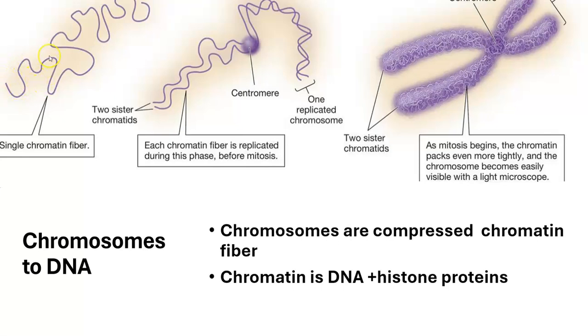Over on the left at the top, it's showing a single chromatin fiber. This is basically the DNA itself. You can't really see the double helix. They're just representing it by a strand. And chromatin is actually DNA that is wrapped around histone proteins. Histones are a type of protein, and they're not really showing the proteins in this representation either.